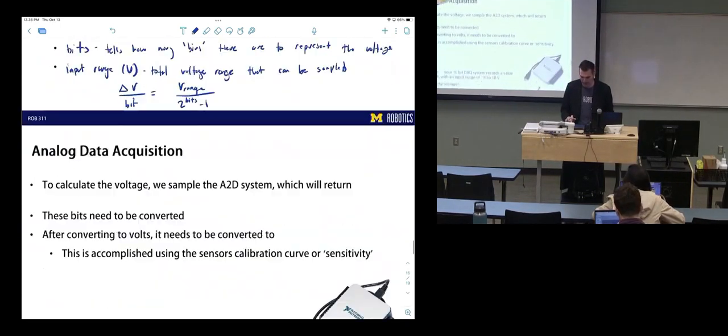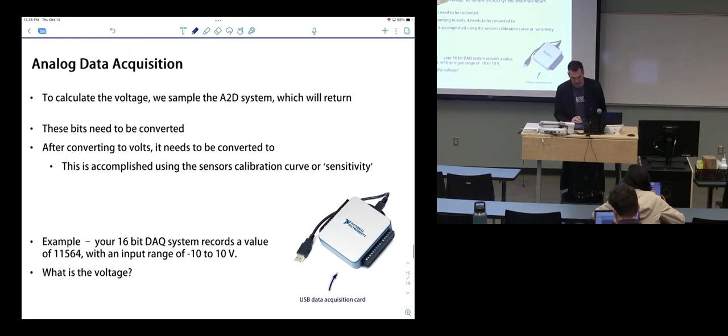But let's think about how we actually calculate the voltage. When you sample an A to D system, what will it return? Let's say you're in MATLAB or Python, getting a value from your A to D system. What kind of number is that? It'll be an integer.